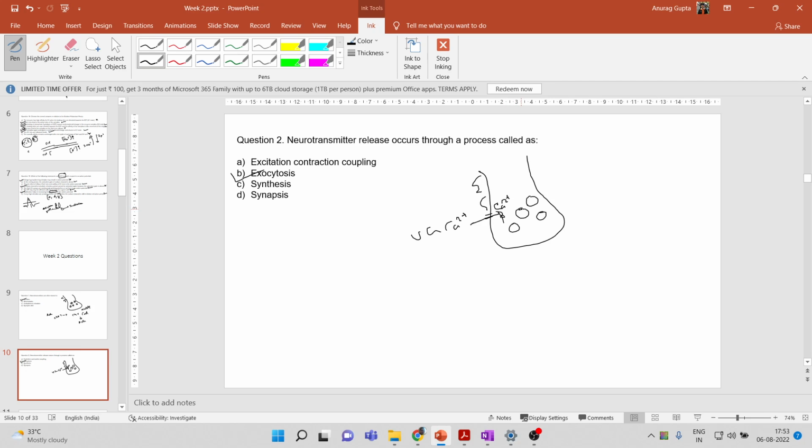Once this is detected, vesicles start moving towards the presynaptic terminal, and they dock onto it. They actually fuse onto this membrane here with the help of SNARE proteins, synaptobrevin and syntaxin, and they open up towards the outside, and they release the neurotransmitter ACH by a process called exocytosis. So this process is called exocytosis.